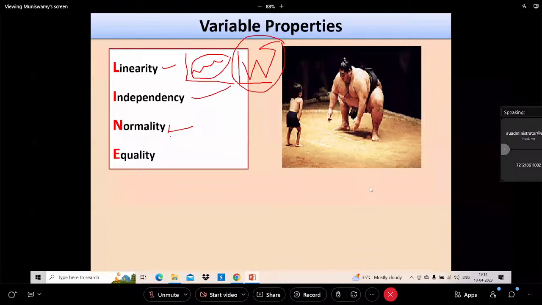Again, the characteristic variables are independent variables, dependent variables and interdependent variables. Independent variables, in the sense, you see, the heartbeat, pulse rate of males and females are independent. Maybe sometimes it may be dependent.